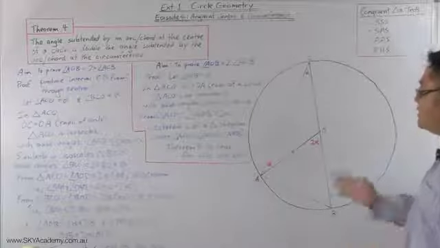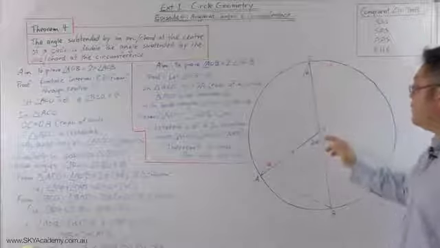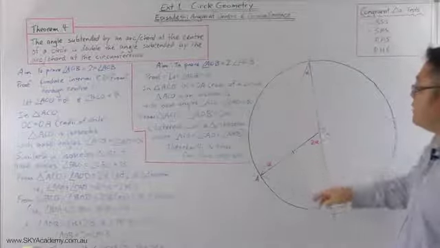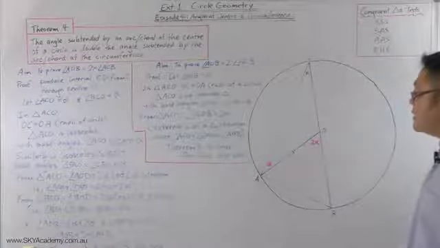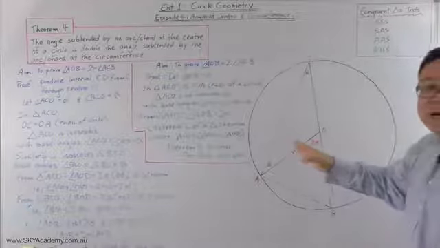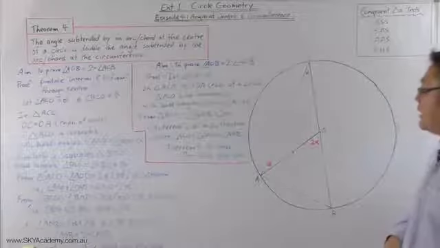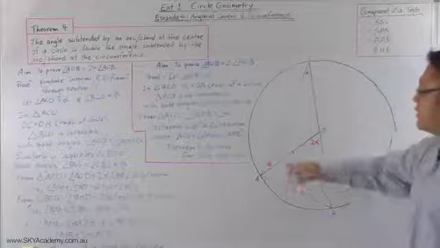The third situation that we're going to encounter is where the circumference point is way over here, and you've kind of got a different situation altogether. Okay. So with this particular case, it's actually easier than the one before. We are again going to use the external angle of a triangle theorem.